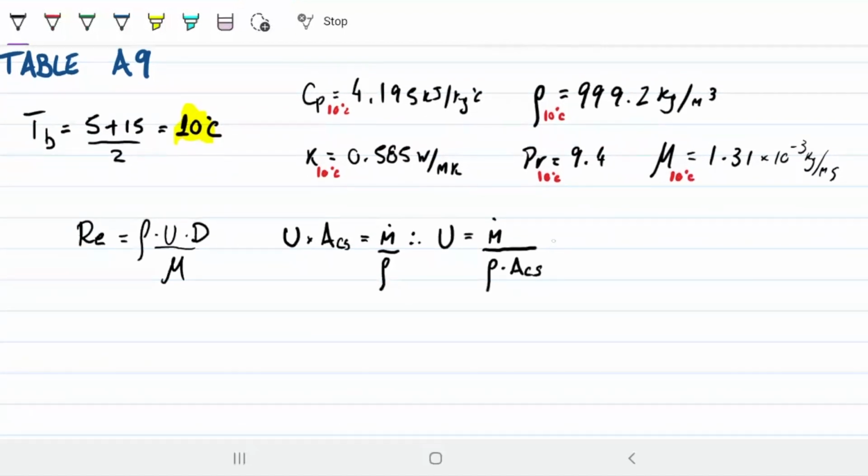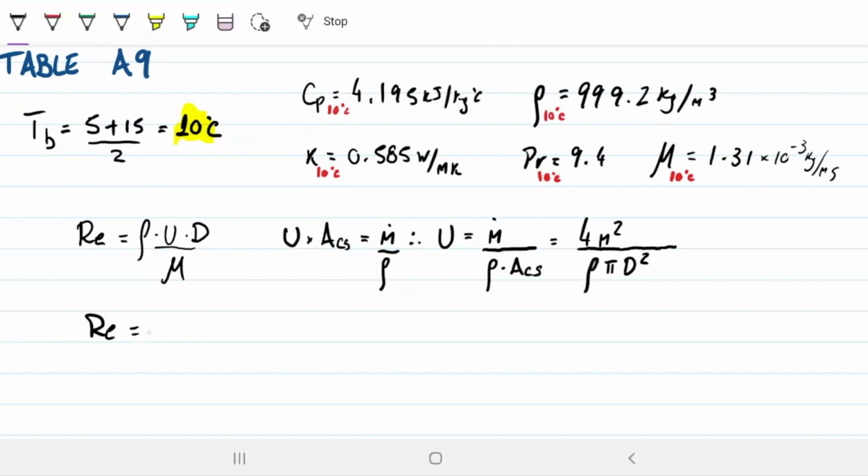And this is the same thing as 4 times mass flow over density pi diameter squared, where the 4 comes from the radius being diameter over 2, squared.